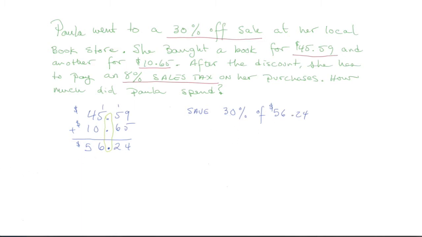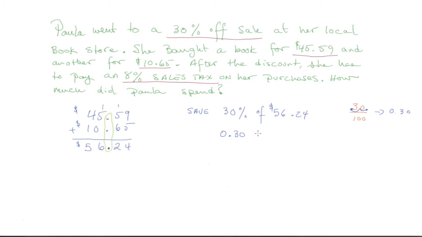Now, if I convert this into decimals, then 30% is really the same thing as 30 out of 100. And there's an invisible decimal point right here, and because I'm dividing by 100, the decimal moves twice to the left, 0.30. So I rewrite 30% as 0.30.